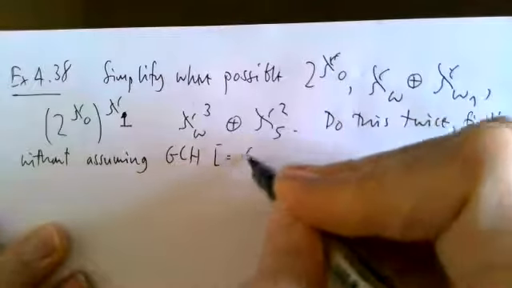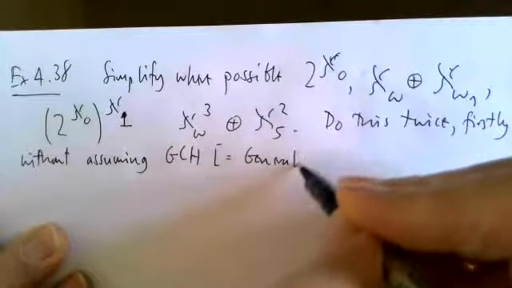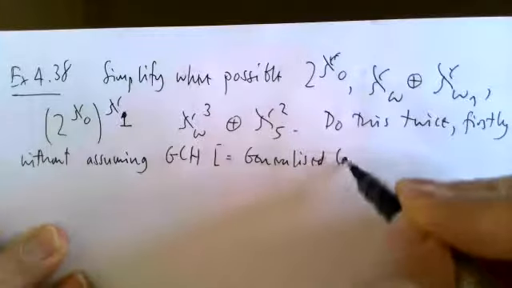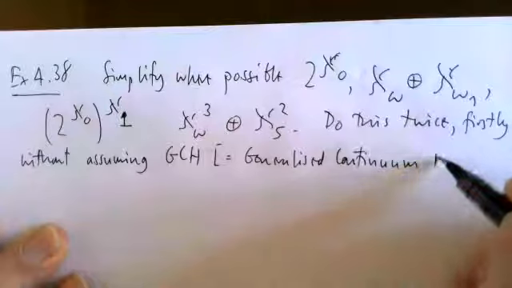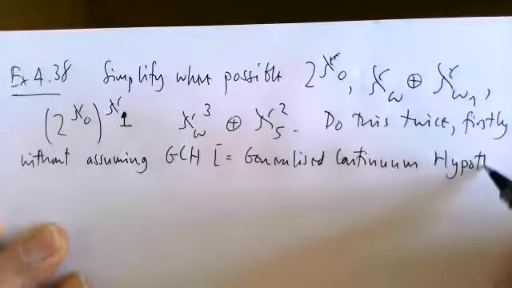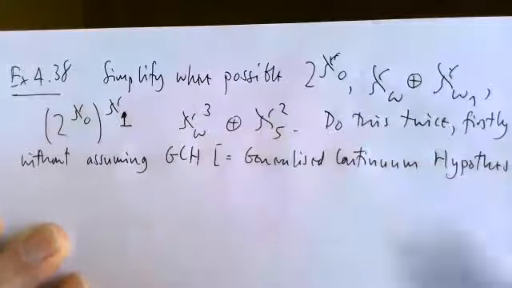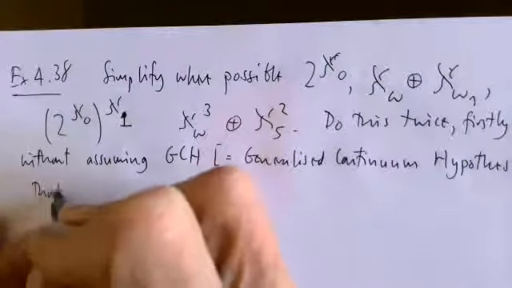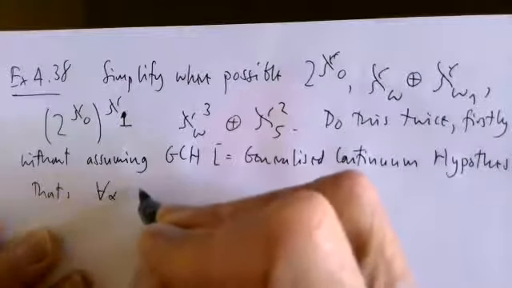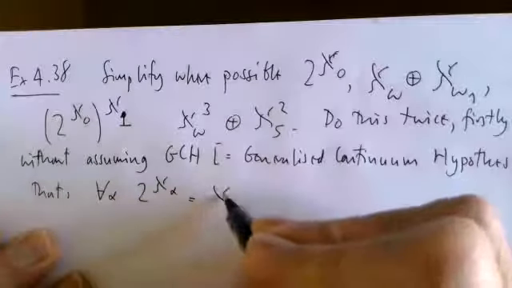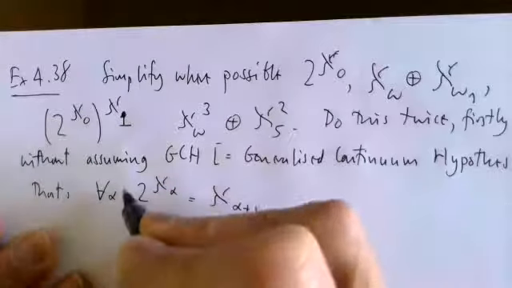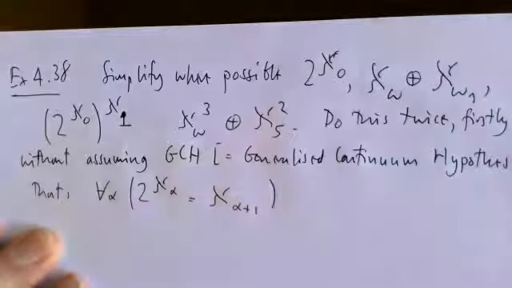GCH, so this is the generalized continuum hypothesis. And that was for any alpha, 2 to the Aleph alpha is the very next cardinal it can be.